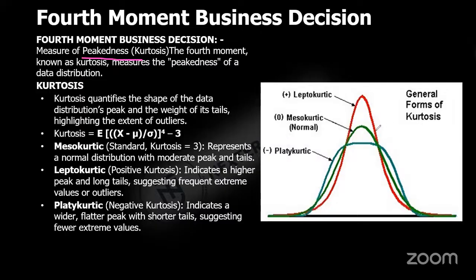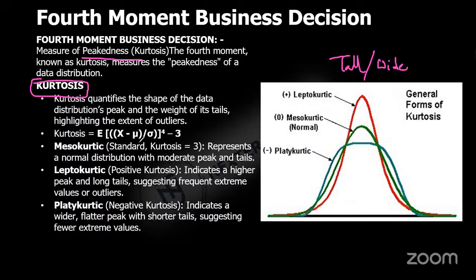This peakedness gets calculated to understand whether the data has a tall peak or a wide peak. That will be understood by using the fourth moment. But what exactly are we going to calculate in the fourth moment business decision? It is kurtosis. It is called kurtosis.